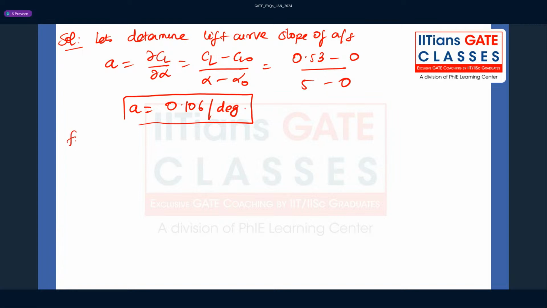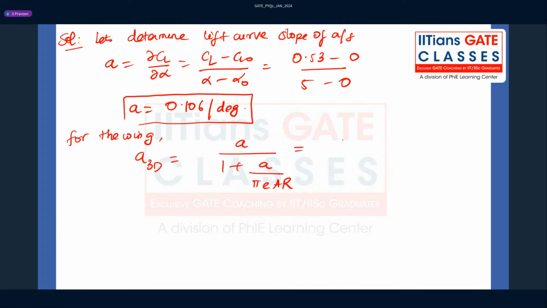Now for the wing, my lift curve slope will change. So let's use a 3D, which will simply be a by 1 plus a by pi e AR.